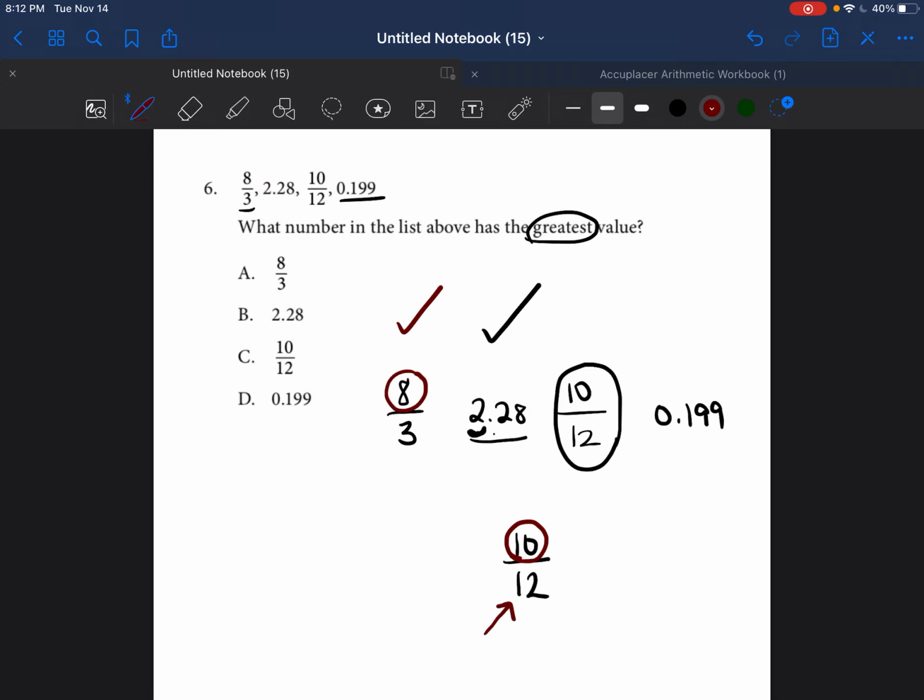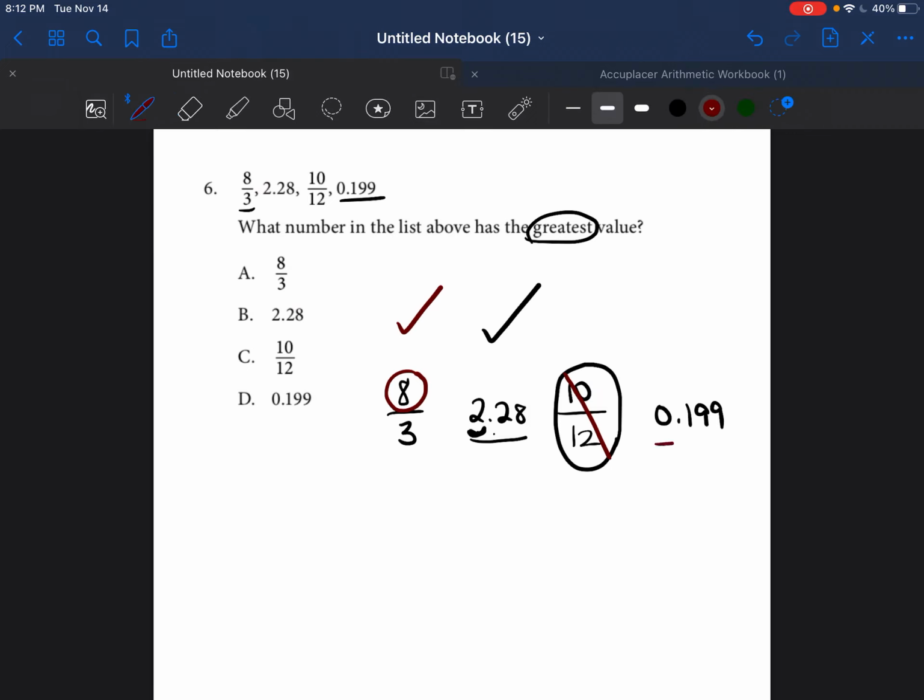The numerator is 10 and the denominator is 12. Is the numerator greater than the denominator? No, it's not. So this fraction is less than 1. So we know that it's not going to be larger than the other fraction and the other decimal that are greater than 1.